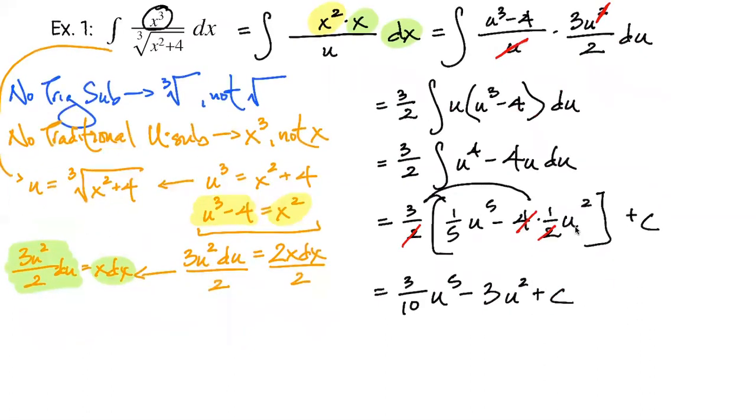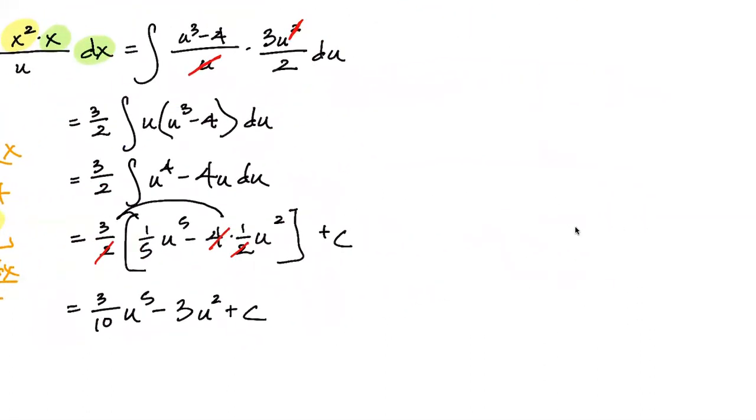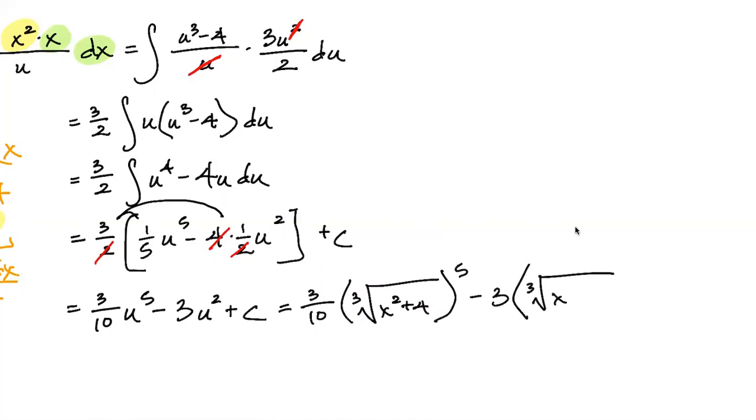And then our last step is just to write everything with x's. Specifically, u equaled x squared plus 4 inside of a cubed root. So 3/10 the cube root of x squared plus 4 to the 5th minus 3 times the cube root of x squared plus 4 squared plus c.